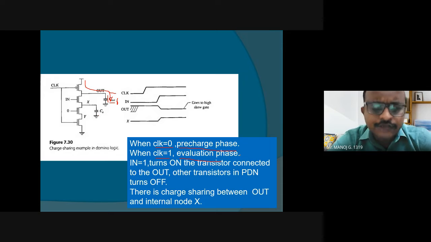That is the first phase. I already told you VDD will be charging the capacitance. In the second phase, the evaluation phase, the stored charge will be discharged. This is the general working, and in that discharge phase, this Vout will have a problem. This problem is called the charge sharing problem, which occurs in domino logic.